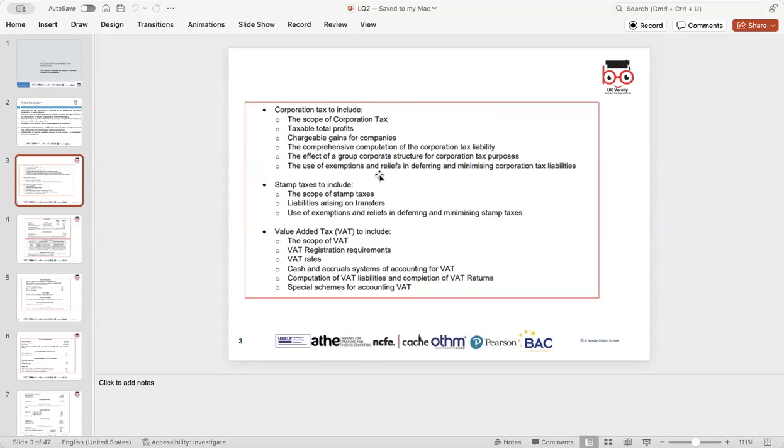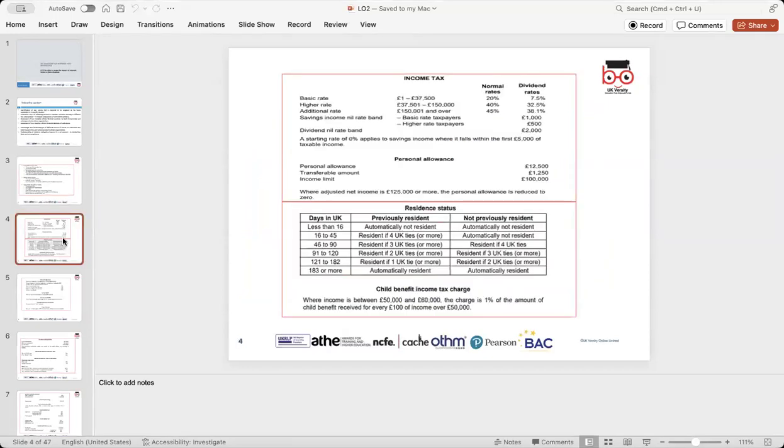Then stamp taxes: scope of stamp taxes, liabilities arising on transfer, and use of exemptions and reliefs in deferring and minimizing stamp taxes. And finally, value added tax, or VAT.